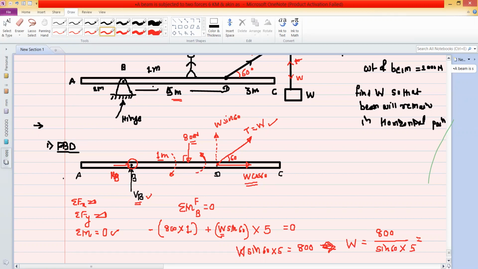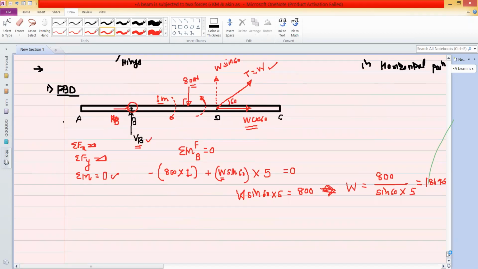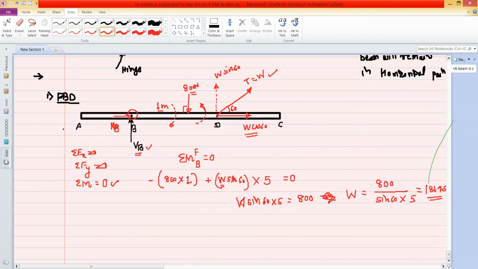If you have the calculator, you can solve this. So the value of the weight or the tension is equal to 184.75 Newton.